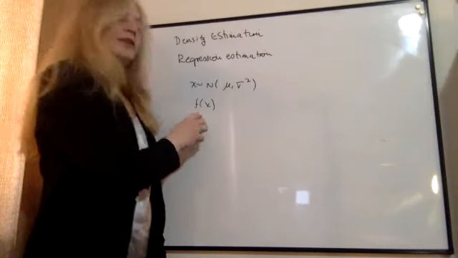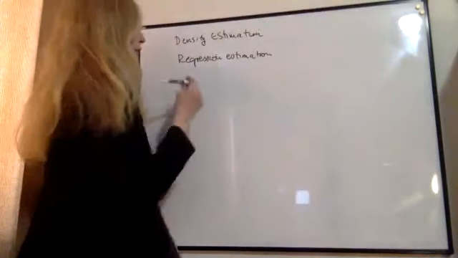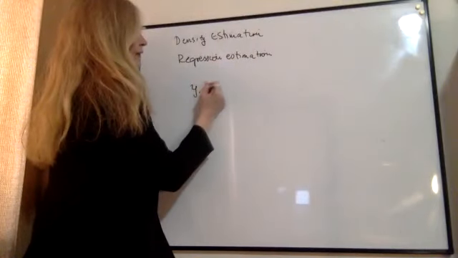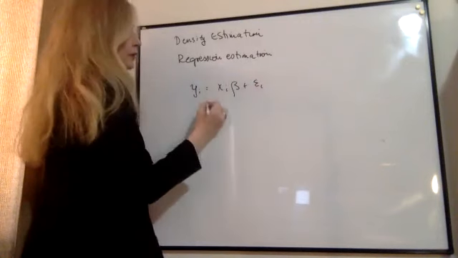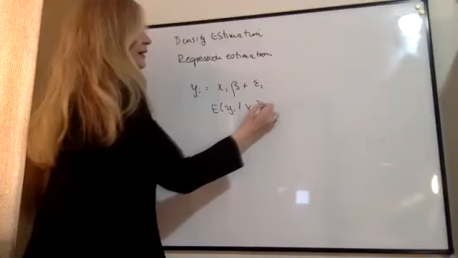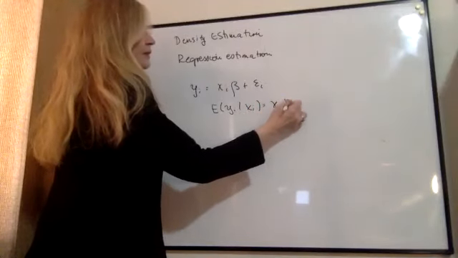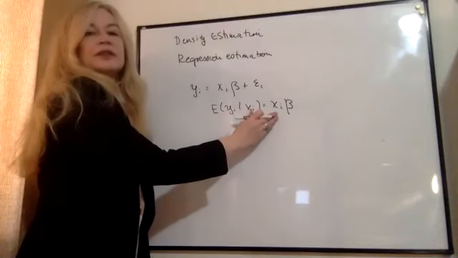Okay, and then regression estimation. How does this work? Well, if we say y equals x beta plus epsilon, we're imposing the assumption that E of yi given xi is equal to xi beta. Okay, so that's a parametric restriction.